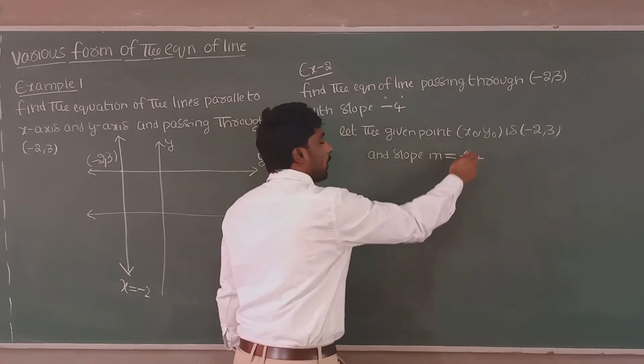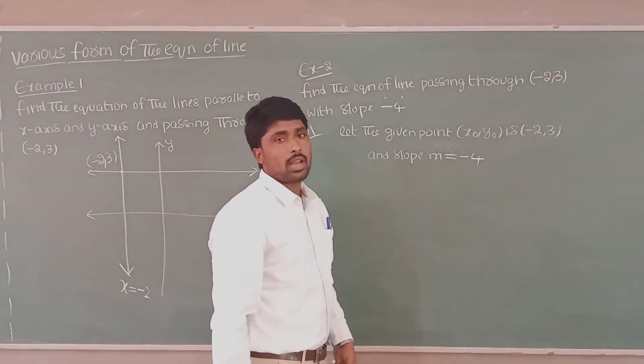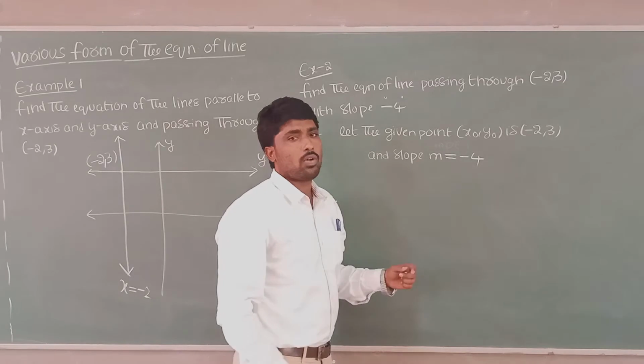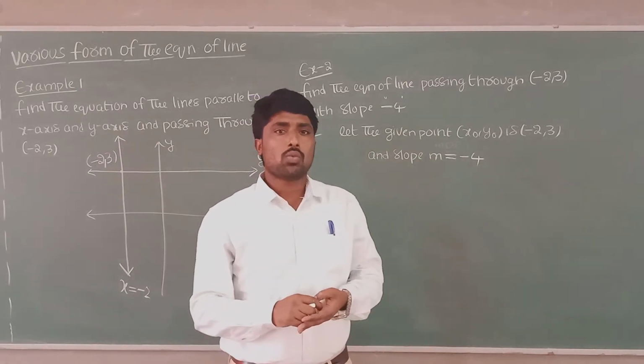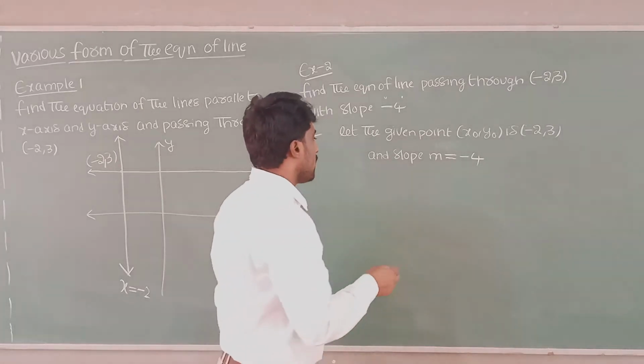I know the fixed point and I know the line slope. Then if you want to find the equation of the line, the formula is what? y minus y0 equal to m into x minus x0.